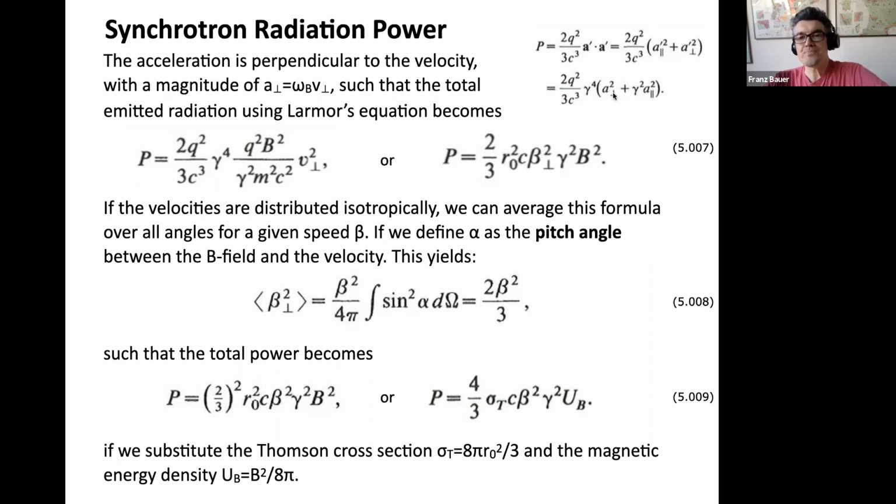As we mentioned in the case of magneto-Bremsstrahlung, the parallel component is typically going to 0, so we're just caring about this. We end up with a power from the Larmor equation, and if we plug in that the acceleration is equal to this frequency times the perpendicular velocity, we end up with something which looks like this.